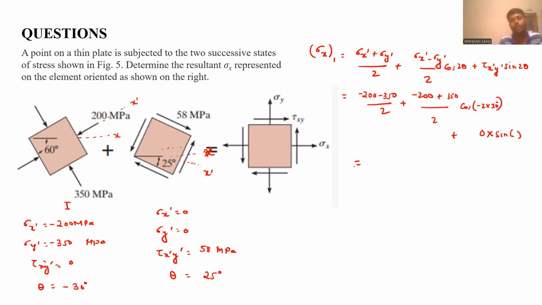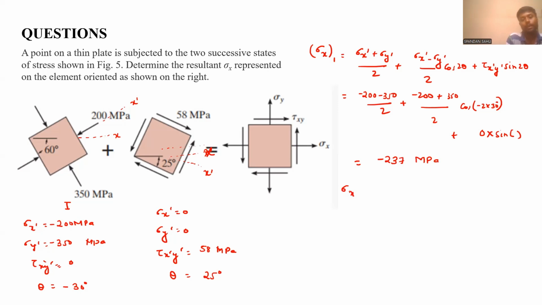So from here, if we calculate, we are getting minus 237 MPa.